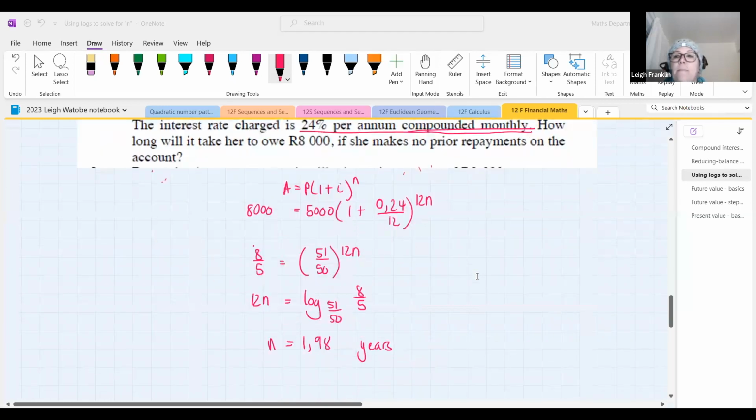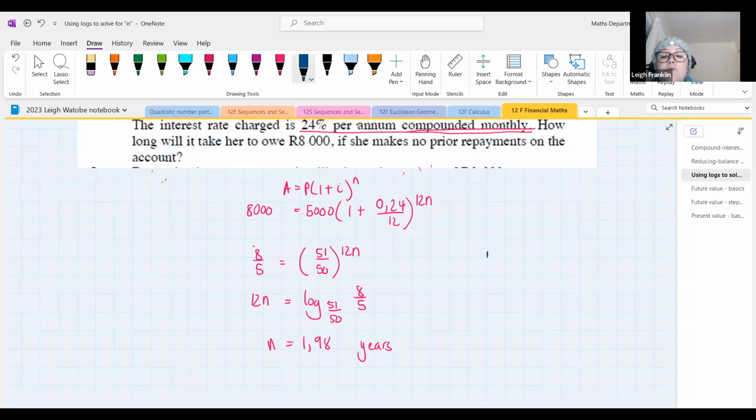Njabula was just asking in the comments if you can please repeat the last step. Okay, no problem. This is what you would have done. You would have pressed your log button. You would have put in your 51 over 50 and your number, which is 8 over 5. You must press equals, and then you get an answer like 23, comma something.